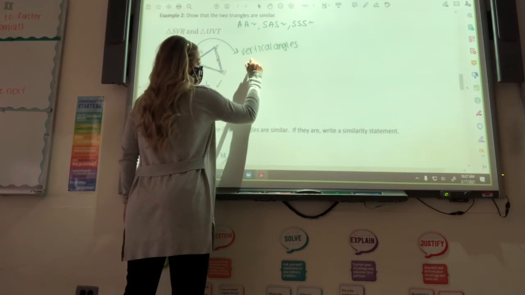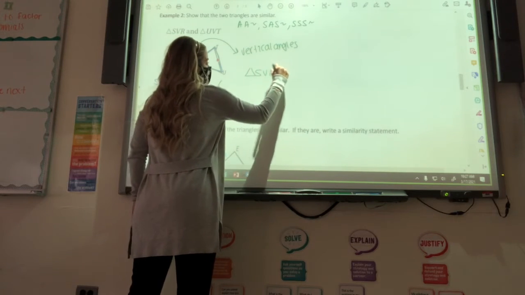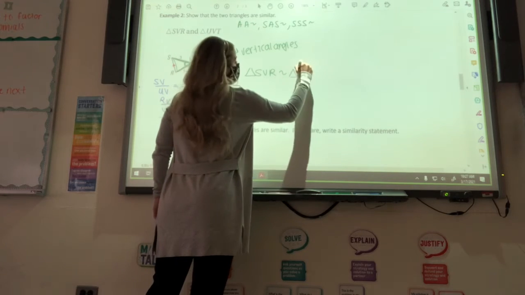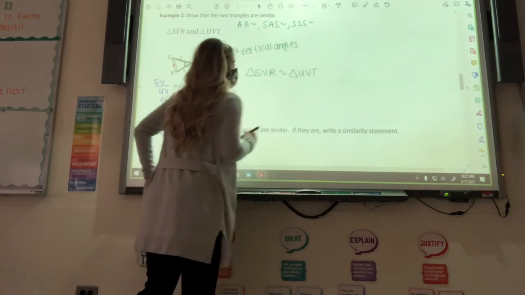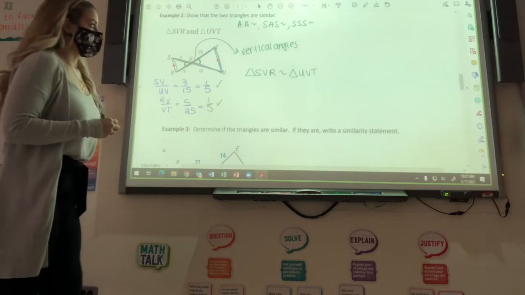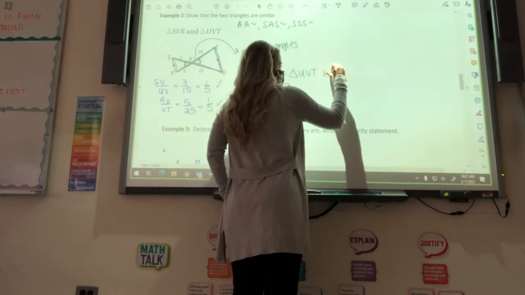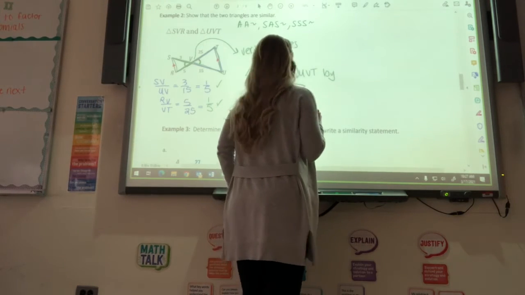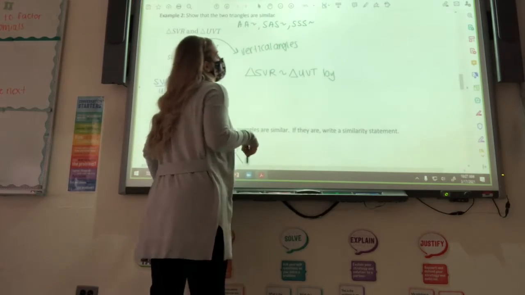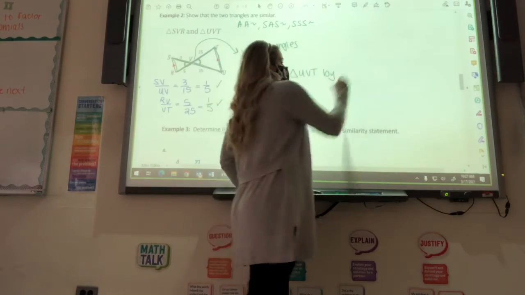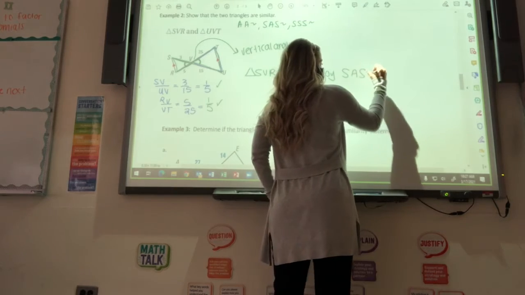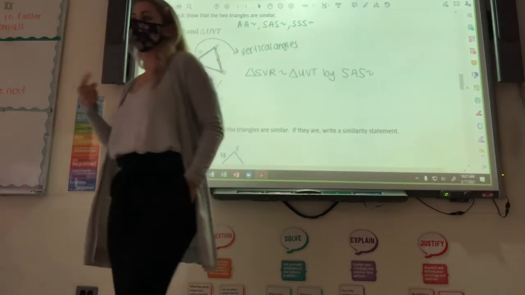Okay, so triangle SVR is similar to triangle UVT. Why do we know? Because they're vertical. No. Of which shortcut? SAS. SAS, because we showed two sides with the same ratio, one angle.